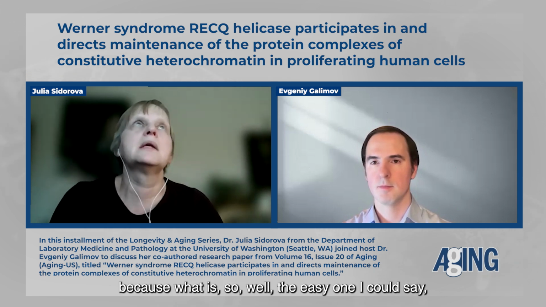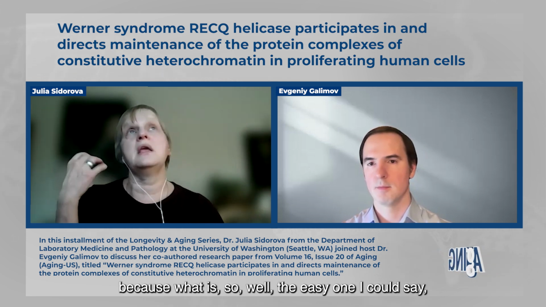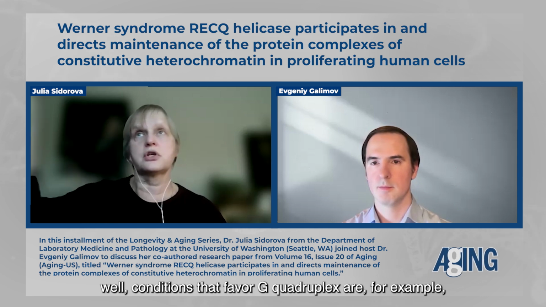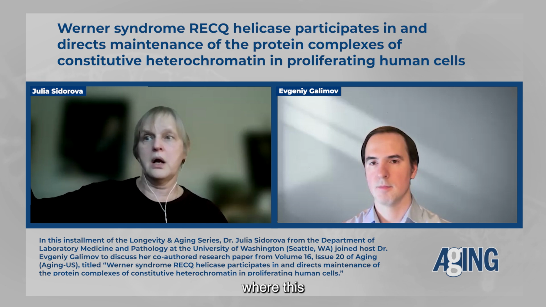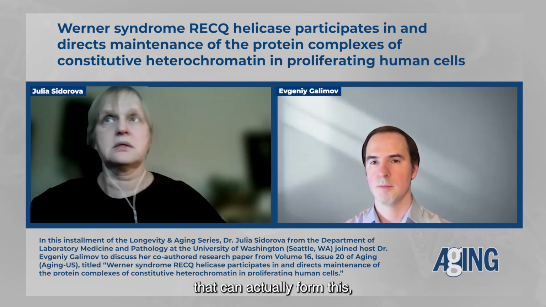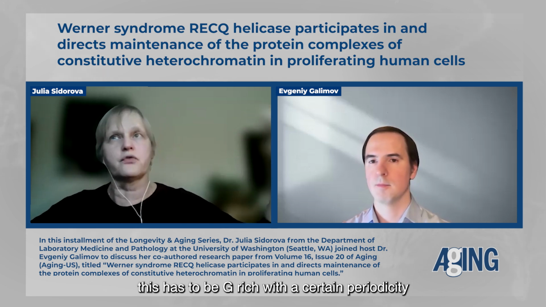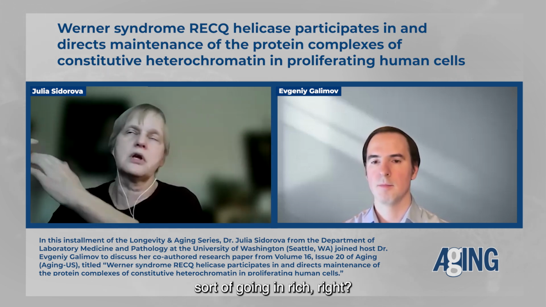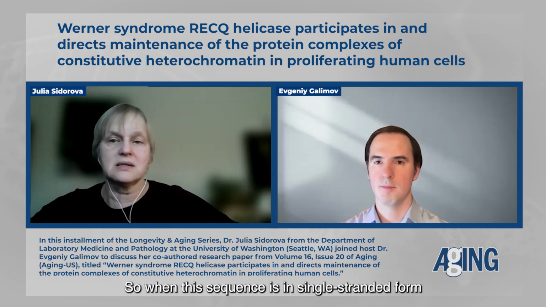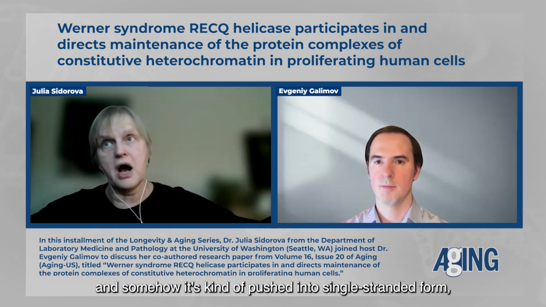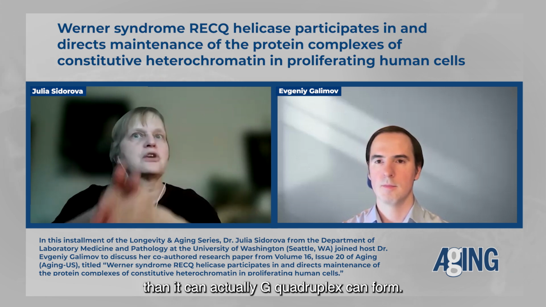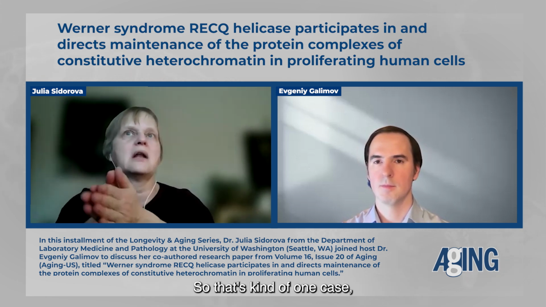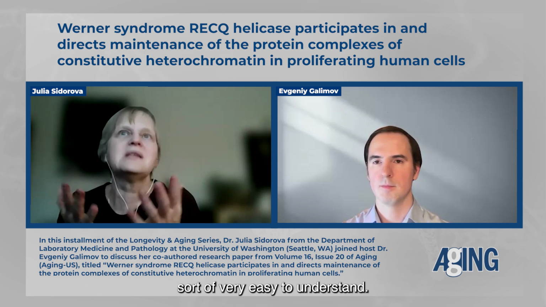The easy one I could say: conditions that favor G quadruplex are where the DNA sequence is G-rich with a certain periodicity. So when this sequence is in single-stranded form, and somehow is pushed into single-stranded form, these are the preferred conditions. Then G quadruplex can form. So that's one case, very easy to understand.